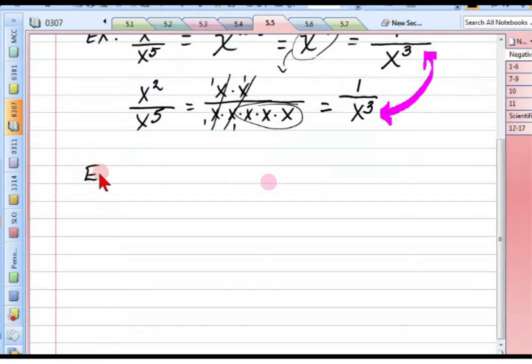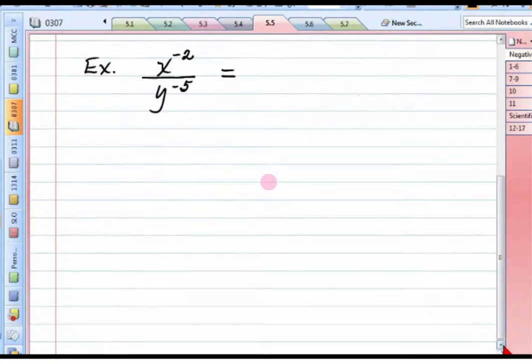I want to look at just a couple of other quick things before we start looking at the MyMathLab questions. If you have x to the negative 2 over, say, y to the negative 5, I can't use the quotient rule because those are not like bases. One of them is an x and one of them is a y, so I can't subtract exponents. What does a negative exponent say to do with that base? Move it. But this base had a negative exponent also, so it says, move me also.